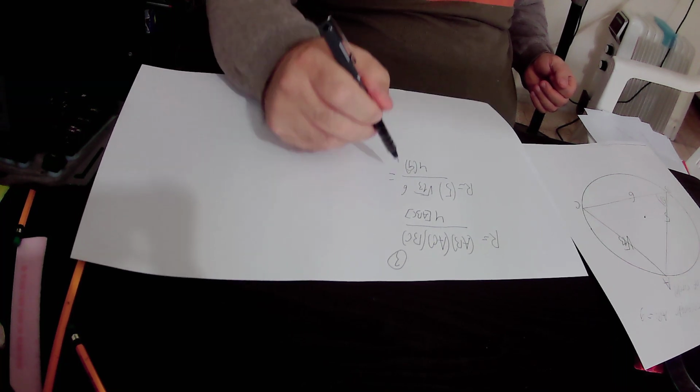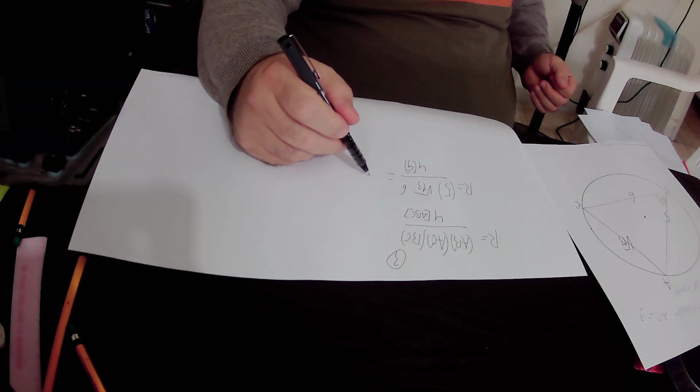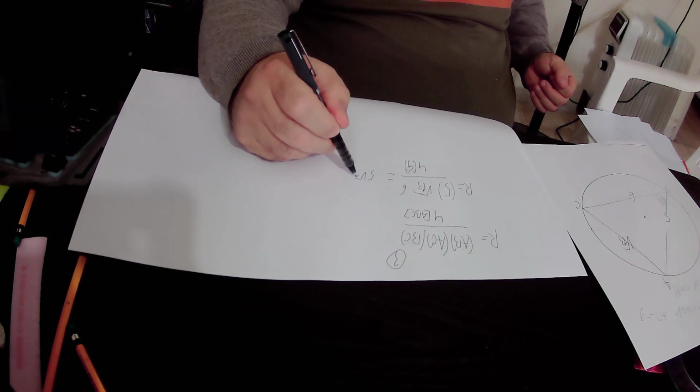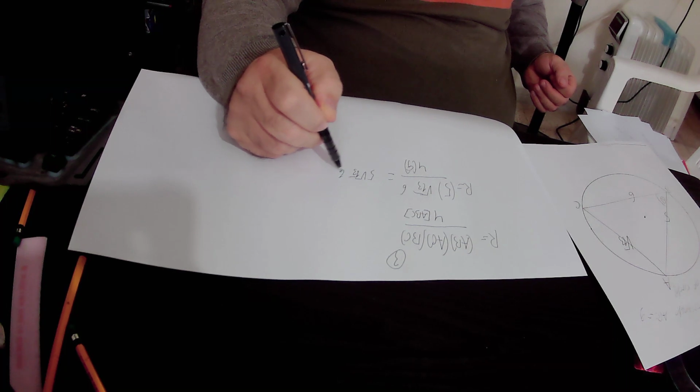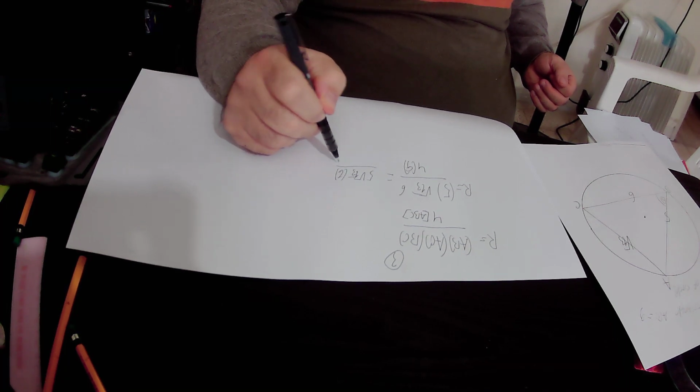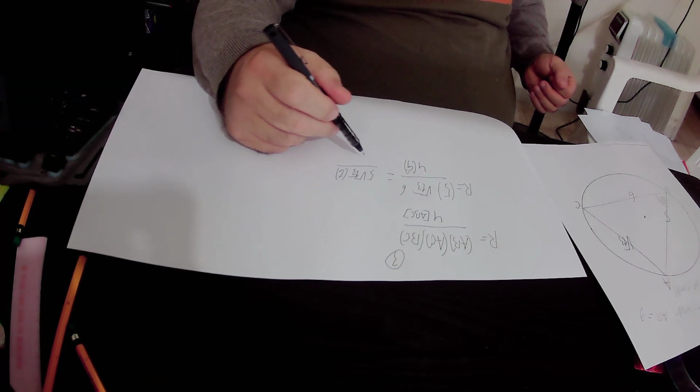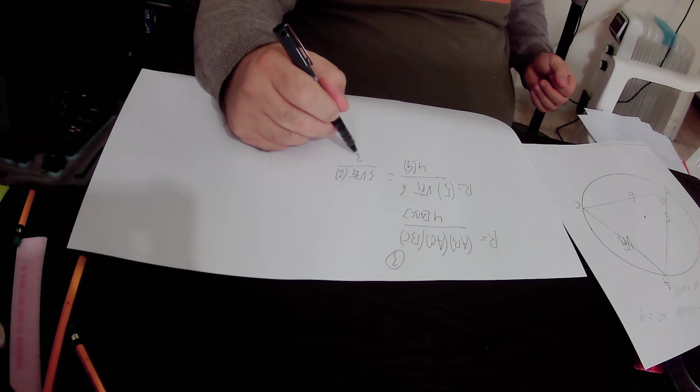So here we will have 5 times square root of 13 times 6 over 4 times 9 is 36.